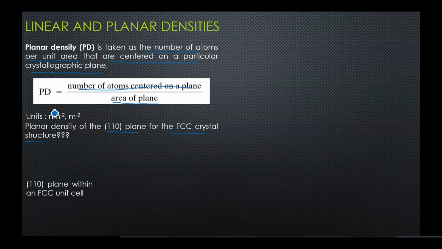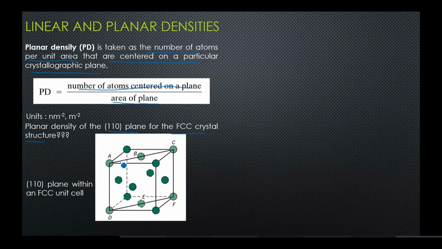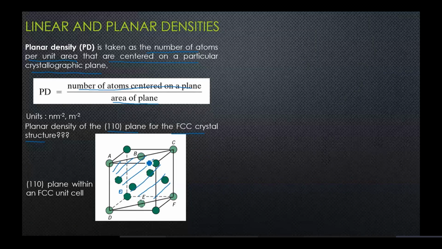So we have to draw 110 plane within an FCC unit cell. This is 110 plane in an FCC unit cell with regards to this as the origin. Now, if you see, there are 1, 2, 3, 4, 5, 6 atoms that are lying on this plane. But once I look at the planes, this is the same plane which is in another unit cell.